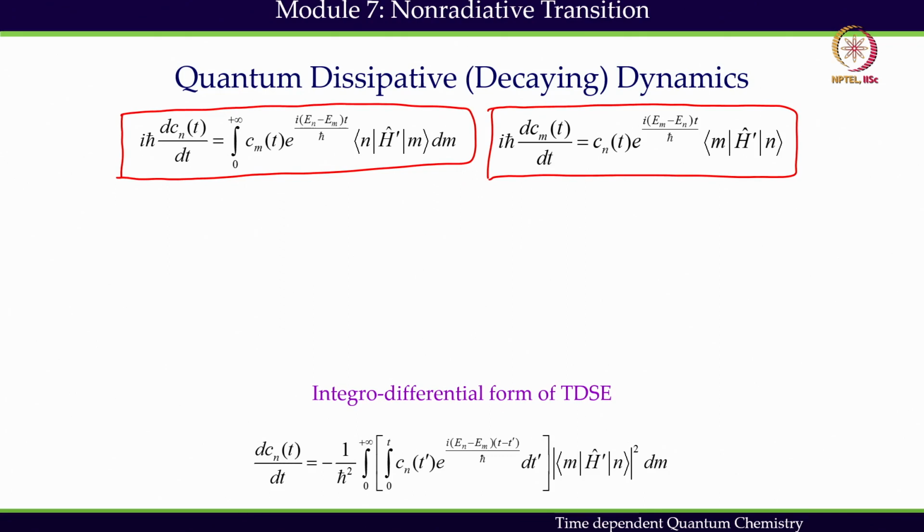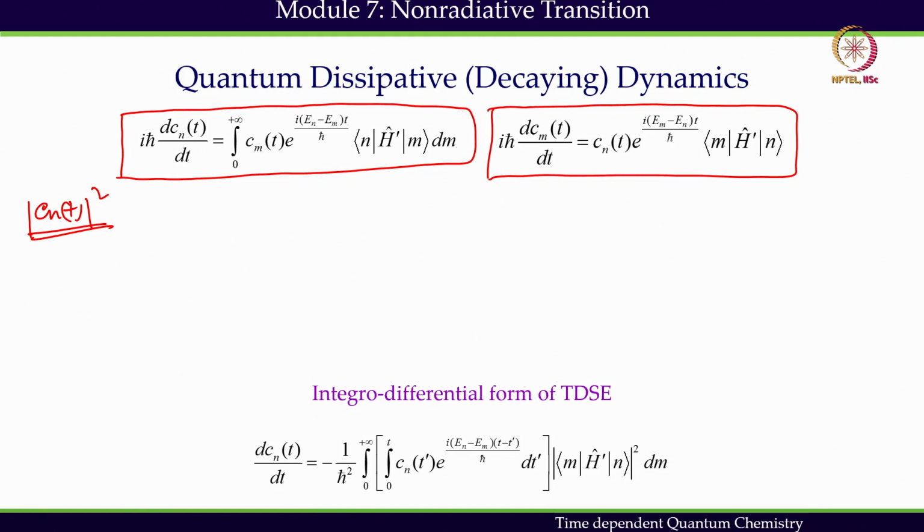Question is, how do I solve these two equations? Because our target is to find out Cn(t). We want to find out how the population in the initial state behaves as a function of time.